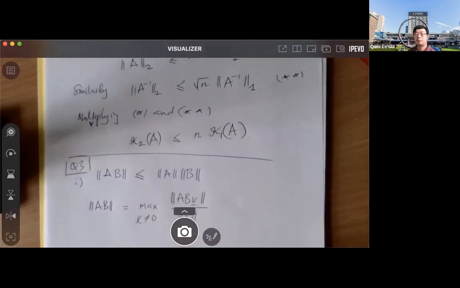Okay, so that's a definition. But now remember you have this property.